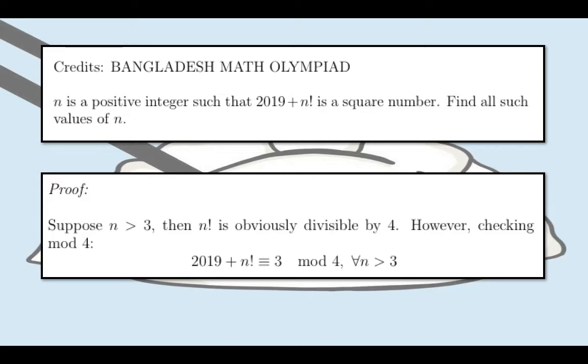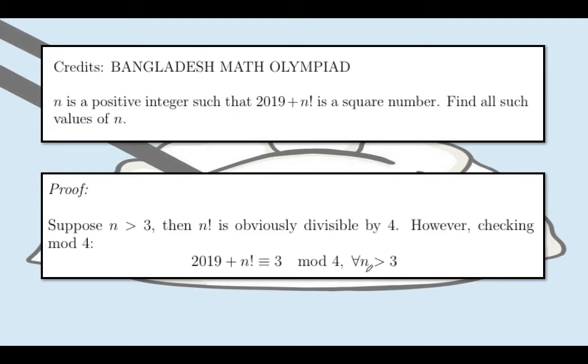However, we should check mod 4. Now 2019 plus n factorial, since n factorial is already divisible by 4, that's just 0. So we just get 2019, which is congruent to 3 modulo 4. And this is true for all n greater than 3.